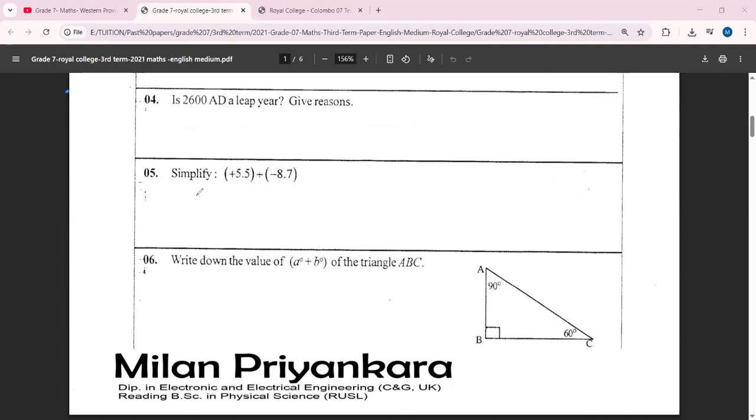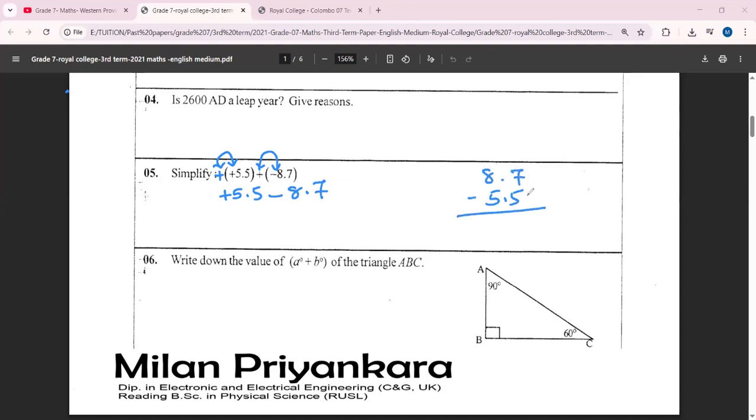And for the fifth one, you can simplify like this. You see, now you have plus, and here there is no sign. That means it is plus, right? Then plus into plus: when you multiply plus by plus, it is plus. Then you can write plus 5.5. And when you multiply plus into minus, it is minus 8.7. When you get different signs, you have to subtract the smaller magnitude from the larger magnitude. The smaller magnitude is 5.5, the larger magnitude is 8.7.